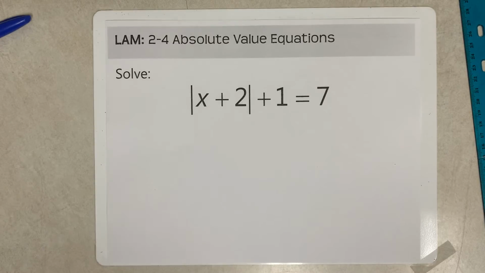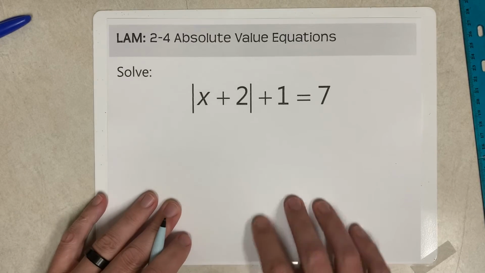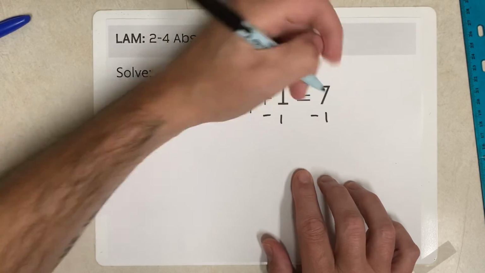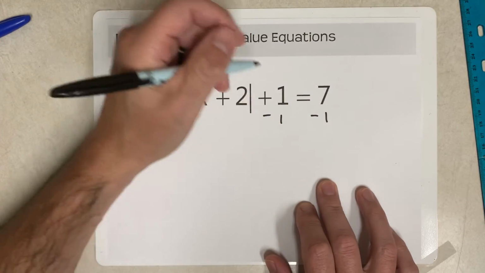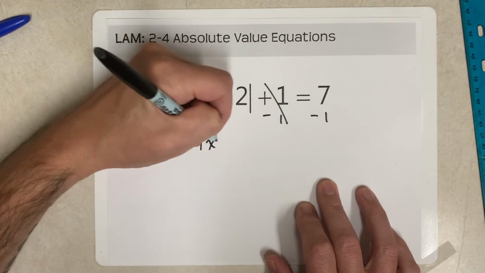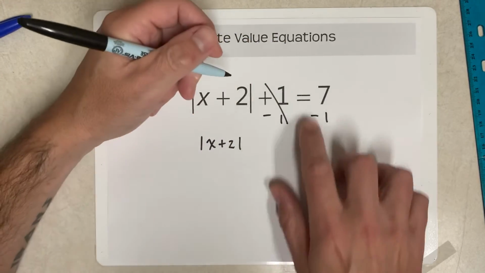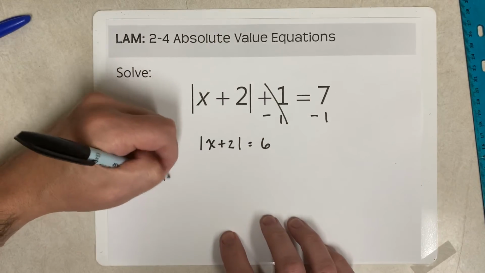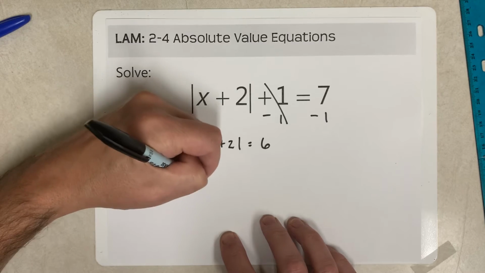All right, now there's not a number in front of the absolute value, but there is a plus 1. So we need to get rid of that. Move that over. That was in the very beginning of the video, if you remember. Bring down my absolute value of x plus 2 equals 7 take away 1 is 6. And now we can start. X plus 2 equals 6.